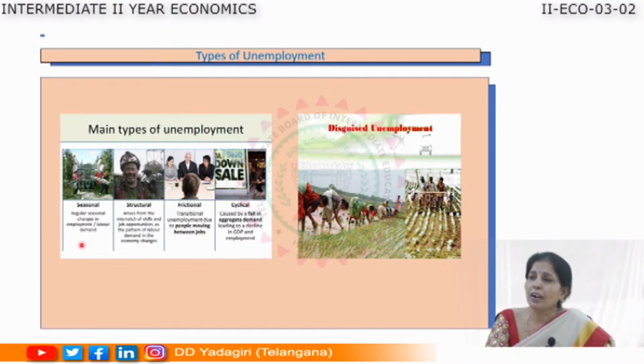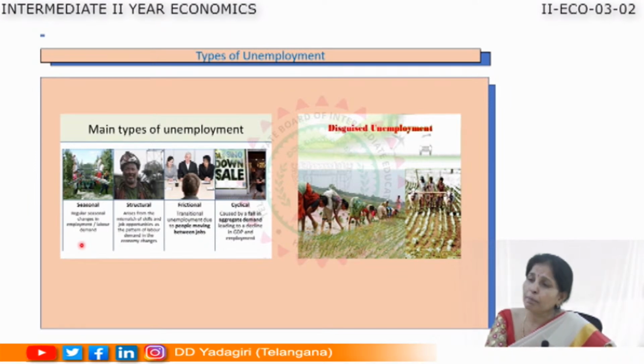This you generally find in the agriculture sector, where more people are working than required. Surplus people are working because they are not able to find any alternative employment opportunities. That is disguised unemployment.